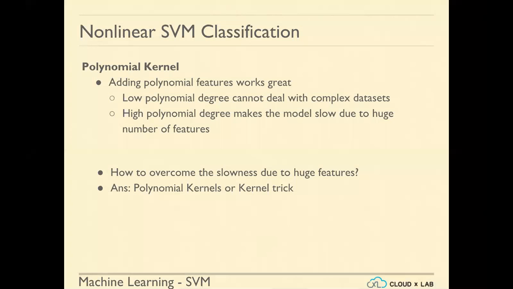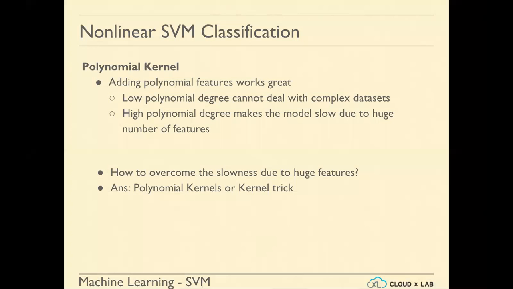Now, while on one hand polynomial features with low degree cannot handle complex data, on the other hand high degree polynomial features make the model slow due to a huge number of features. Correct? Because if we say degree 3, then it'll become x1 cube, x1 square, then x1 into x1 into y1, x1 into y square, and so on, then y square, y cube.